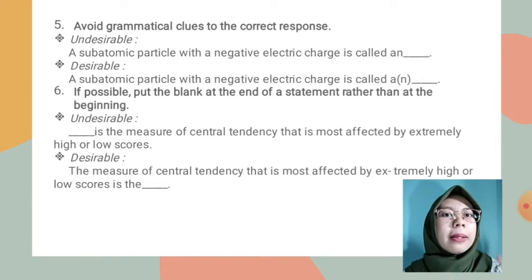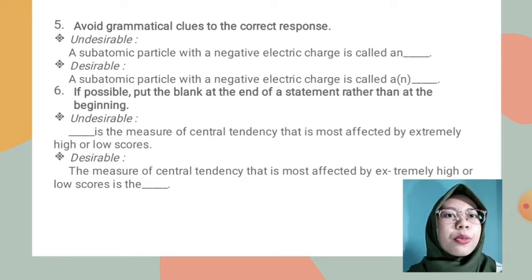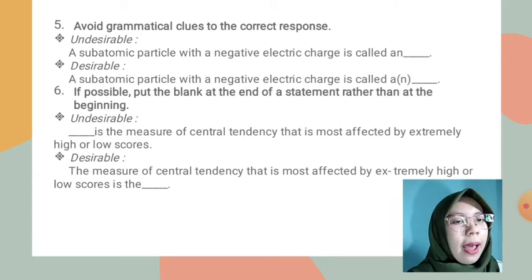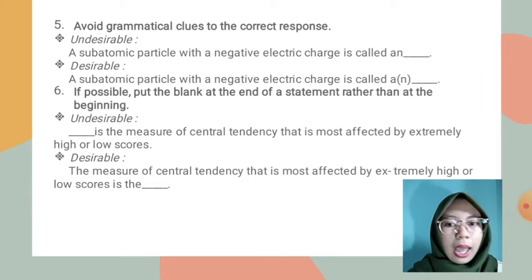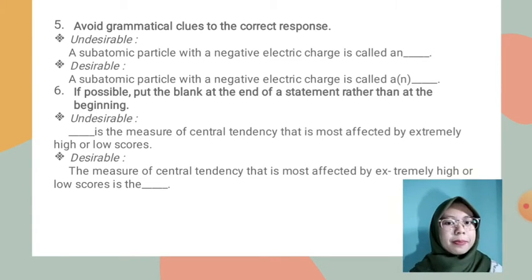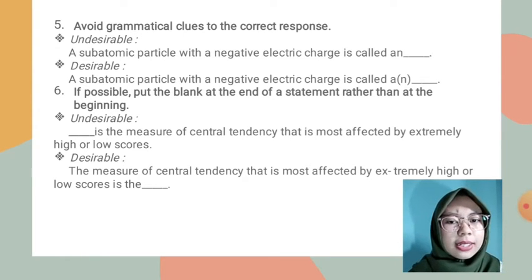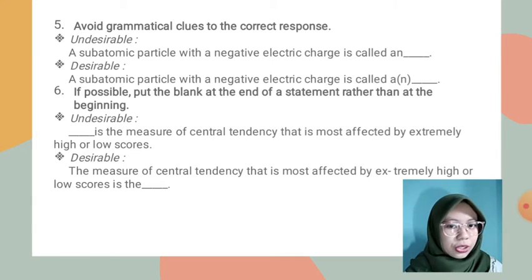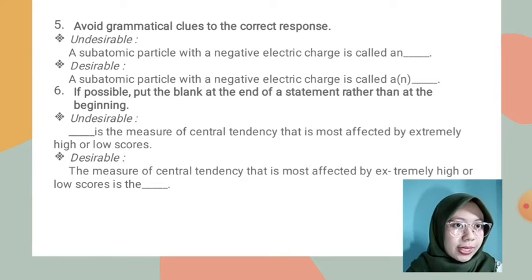Okay, the next slide is avoid grammatical clues to the correct response. If the indefinite article is required before a blank, use a or an so that the student does not know if the correct answer begins with a vowel or consonant.